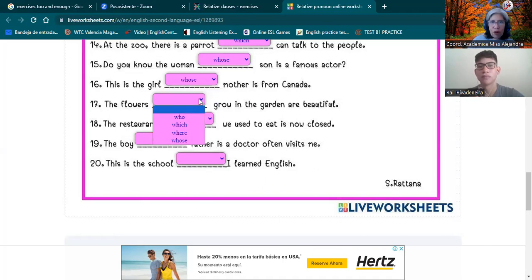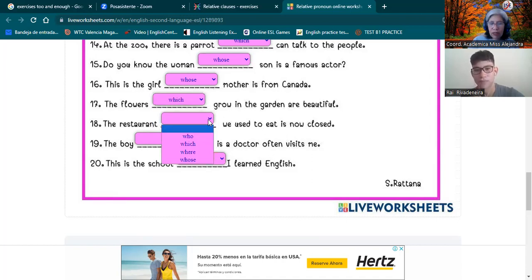The flowers which grow in the garden are beautiful. Which? Flowers, yes. The restaurant where we used to eat is now closed. Where we used to eat.